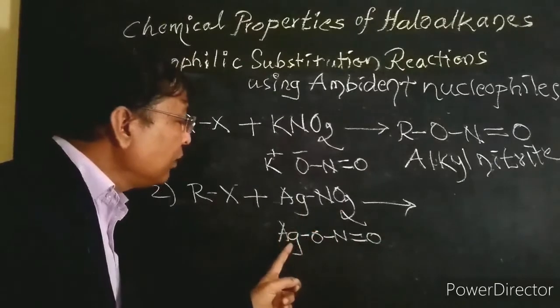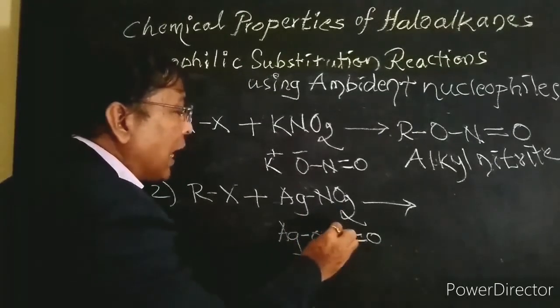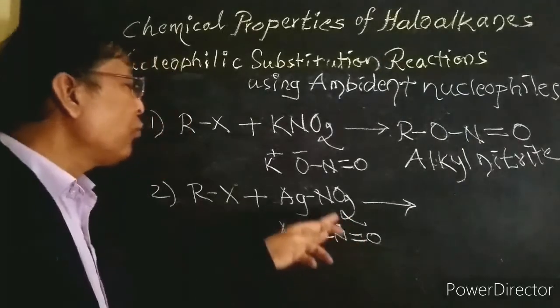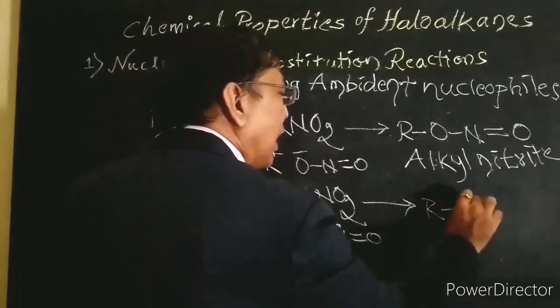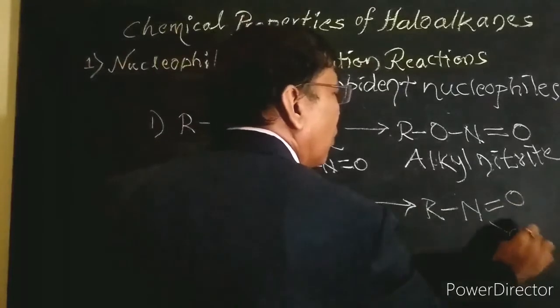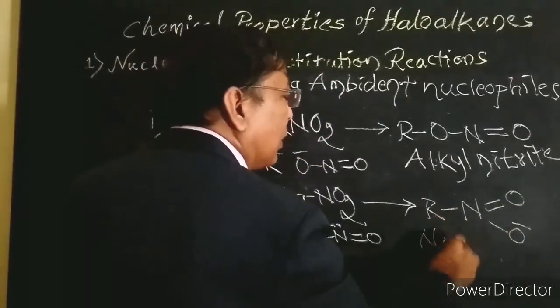The silver and oxygen bond is very strong, so the nitrogen is electron rich. Nitrogen forms a bond with alkyl group, so we get RN double bond O, O minus. This is the nitroalkane.